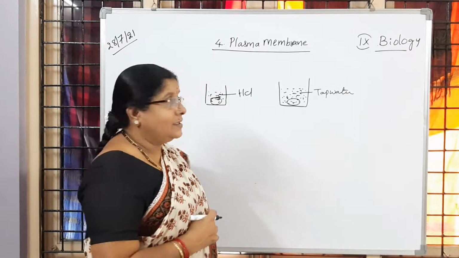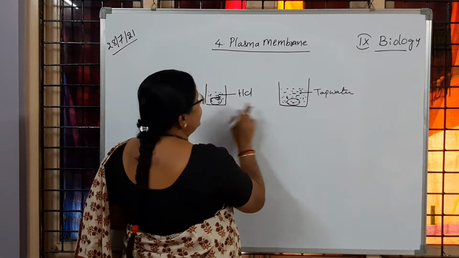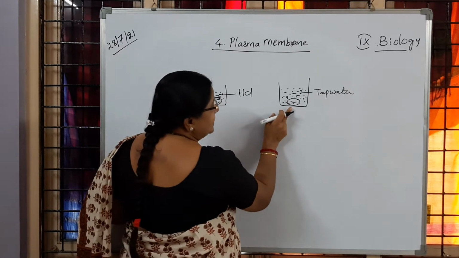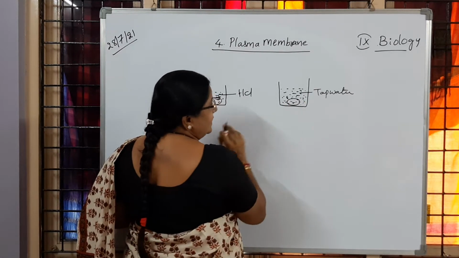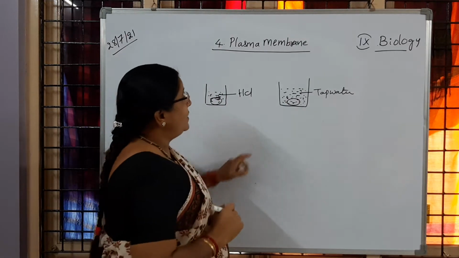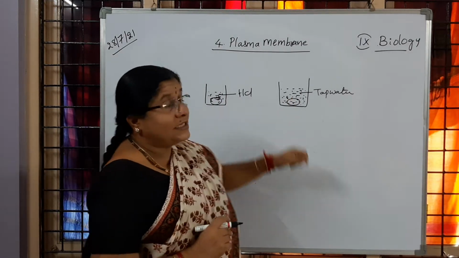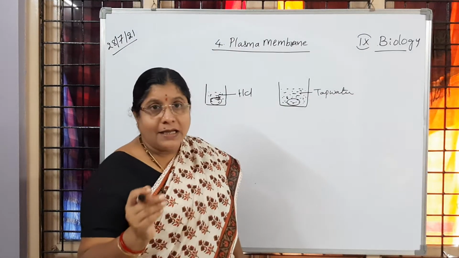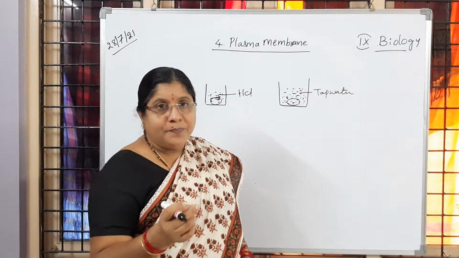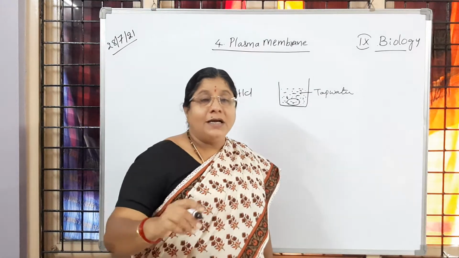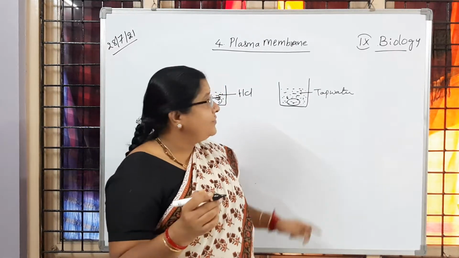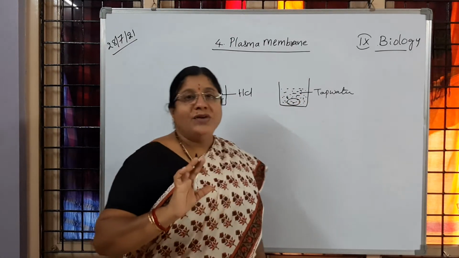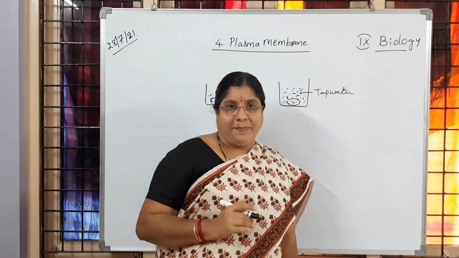Like that we learned. Now the egg without the eggshell is kept in a beaker containing tap water. We have to measure the circumference of this egg with the help of a tape and note down that measurement. After measuring, we keep the egg in tap water and leave it for some time.